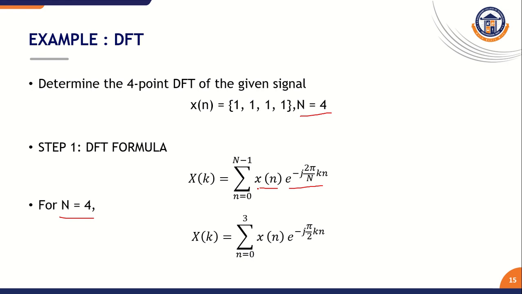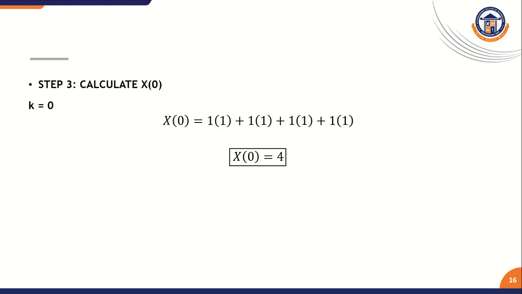Substitute this value in the equation: 4 minus 1 equals 3, so the summation runs over small n from 0 to 3. Then x of n into e power minus j pi by 2 into k n.